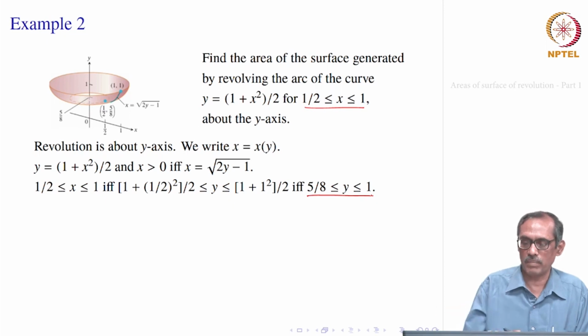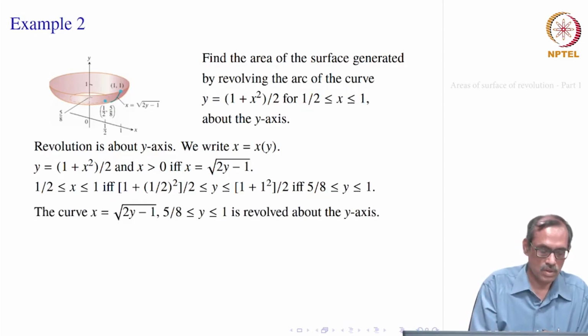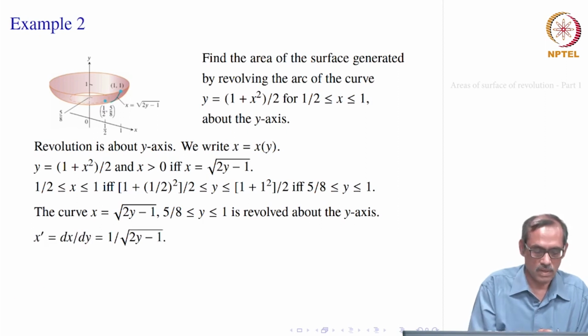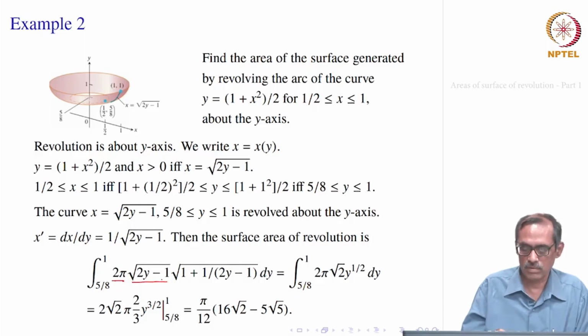So, now y varies from 5 by 8 to 1, x is a function of y now, say g of y, and we want to find the area of the surface of revolution when the curve is revolved about the y axis. So, it will be equal to the integral from 5 by 8 to 1 of 2 pi g of y, which is the square root of 2y minus 1, times the square root of 1 plus g prime of y squared, right.